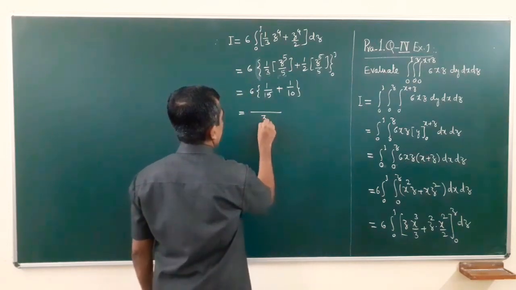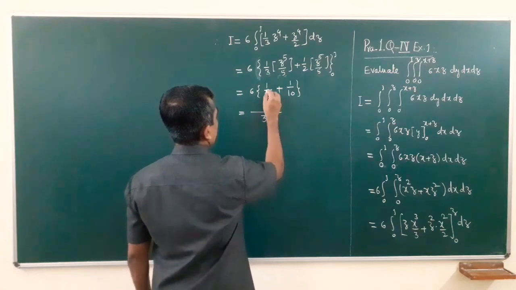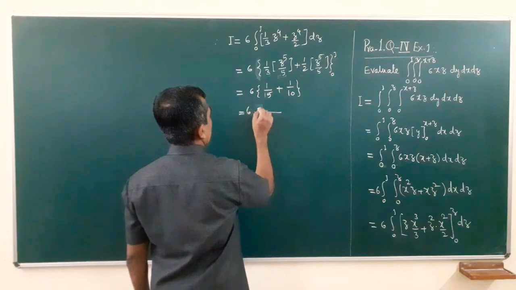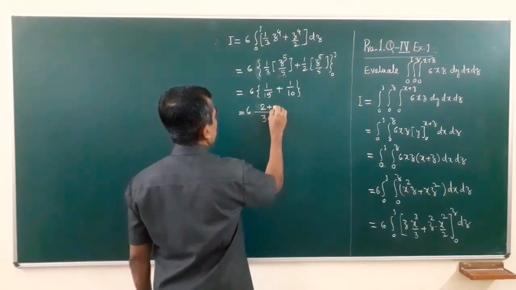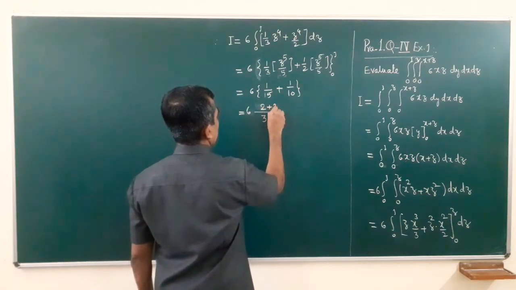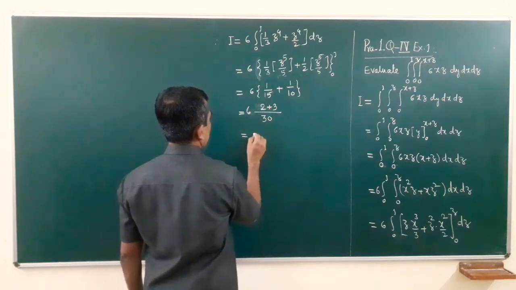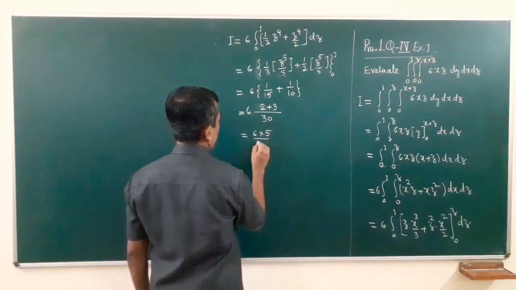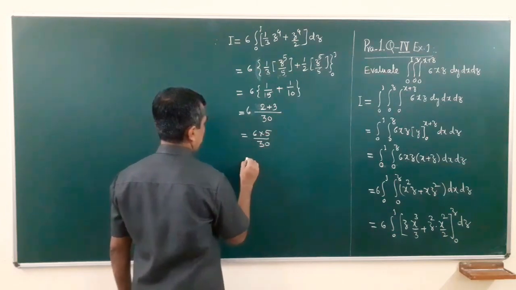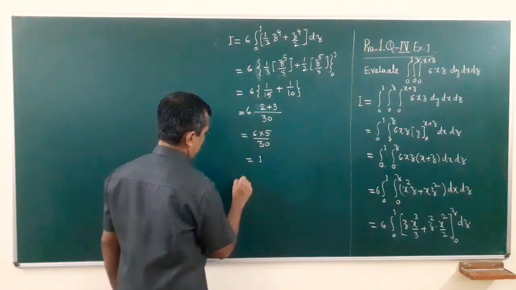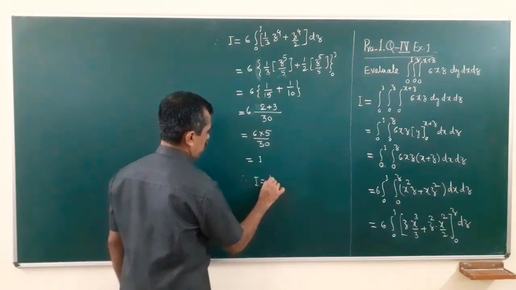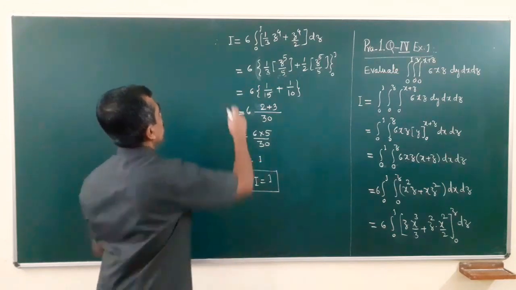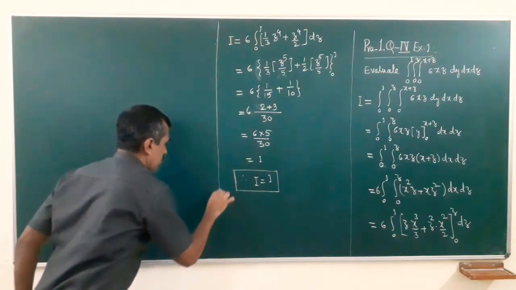Take the LCM as 30. So this is 2 plus 3, so this is equal to 6 into 5 divided by 30, and your answer will be 1. Therefore, I is equal to 1. So this is the answer of your problem.